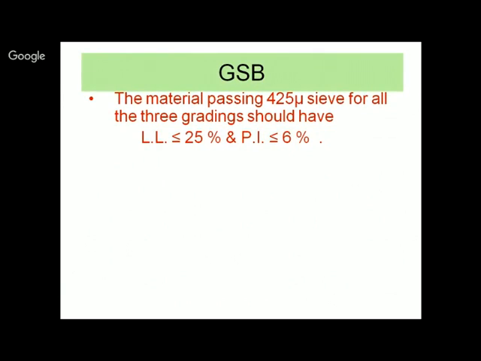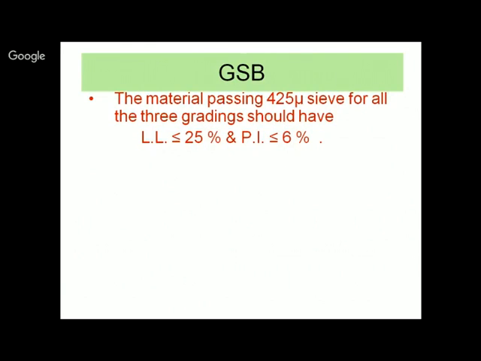Now if the liquid limit is higher, the finer portion tends to be on cohesive side, and likewise if plasticity index is higher, the finer portion is again on cohesive side. So if it goes to cohesive side, it means that this particular material is going to have a tendency to absorb moisture.